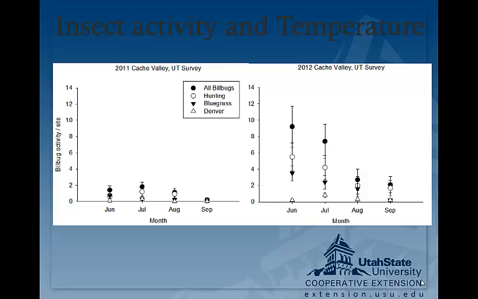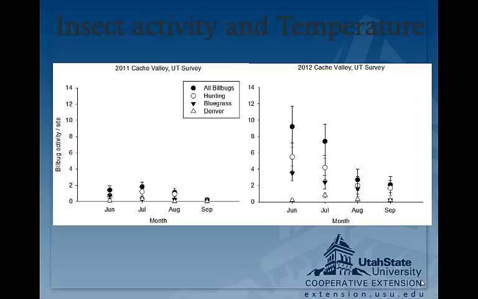We had a really cool wet spring that year. We had very low billbug activity that whole summer compared to 2012, which was a warmer year, and even last year was a very warm year as well, spring and summer. And we got a lot of activity early on. So temperature really has an impact on insects generally.